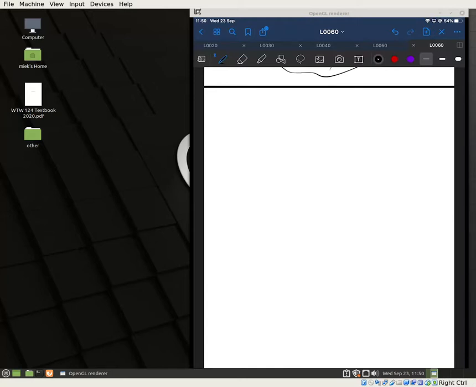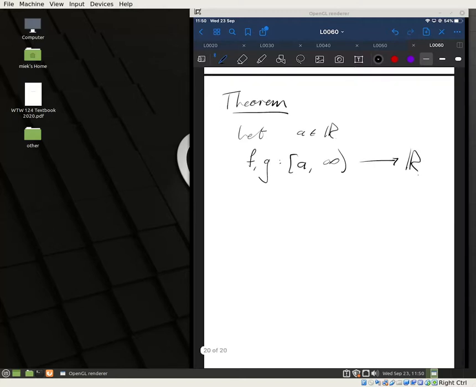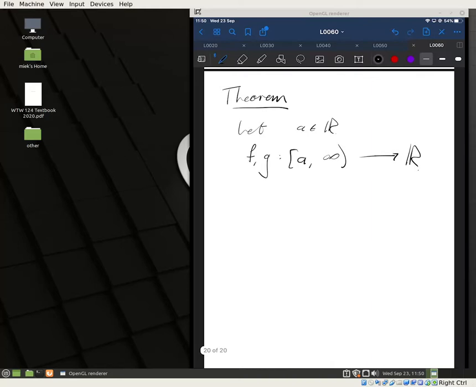Okay, so let's write down the comparison test. Theorem. Let a be some real number. Let f and g be defined on the interval from a to infinity, and let them be continuous.